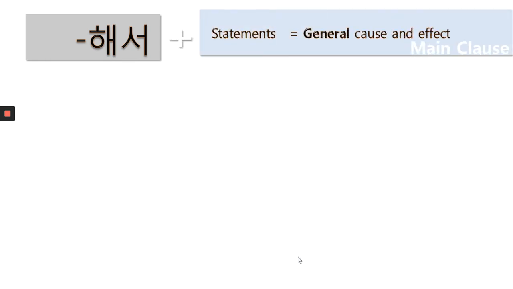And my last explanation is the difference between other similar expressions. Okay, first, 해서 also has a because this is a subordinate clause, right? So for the main clause, there must be a statement. The main clause must be a statement, and these statements include general cause and effect.